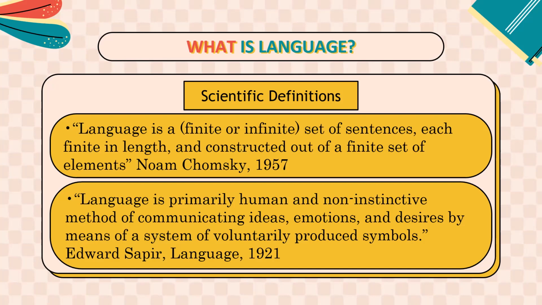And it is communication, a system, okay, communicating ideas, emotions, and desires by means of a system of voluntarily produced symbols. So we can understand that language is human, it is not instinctive, it is acquired, it is a method of communicating, okay, and it is finite and infinite.